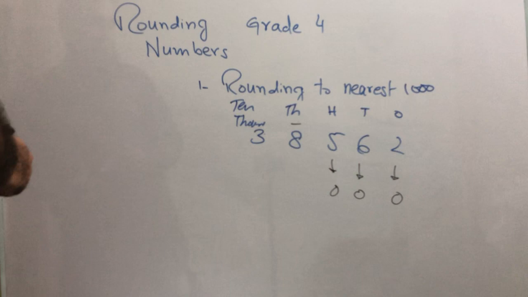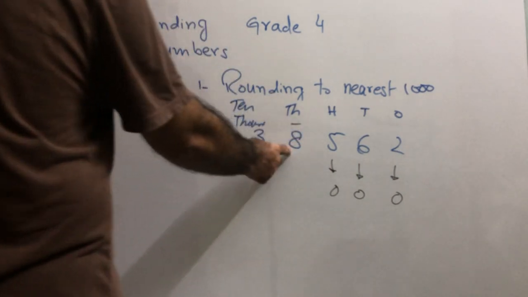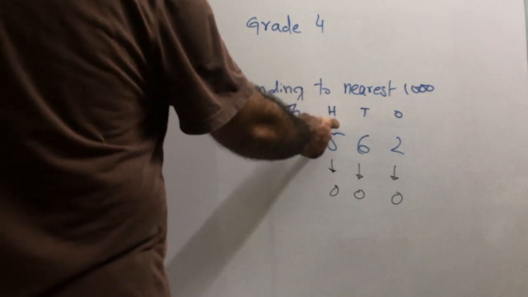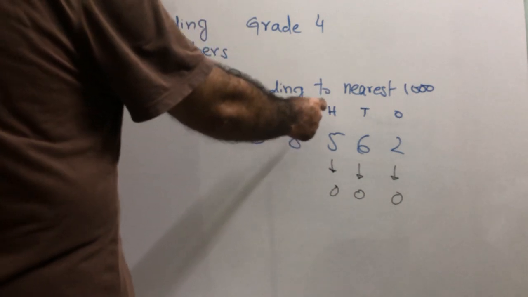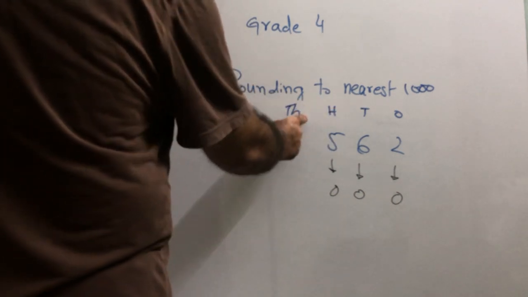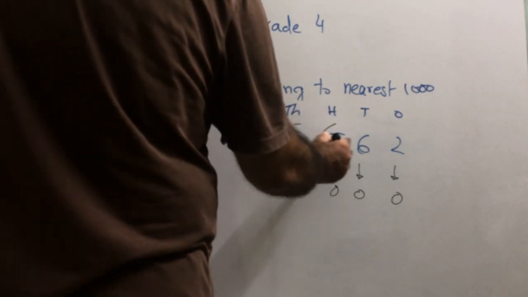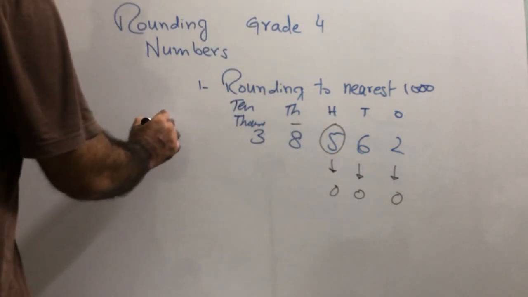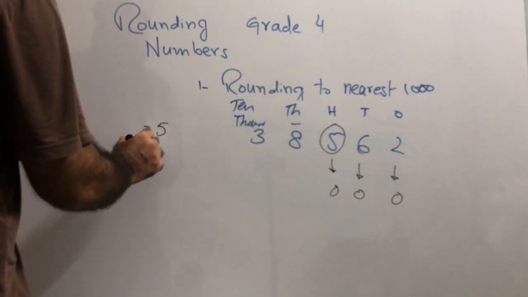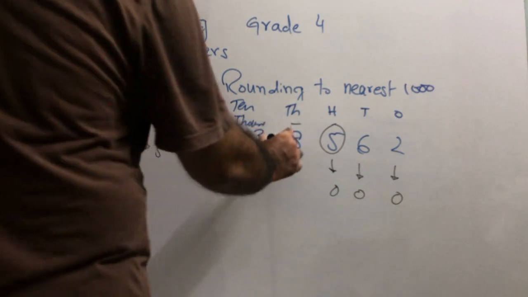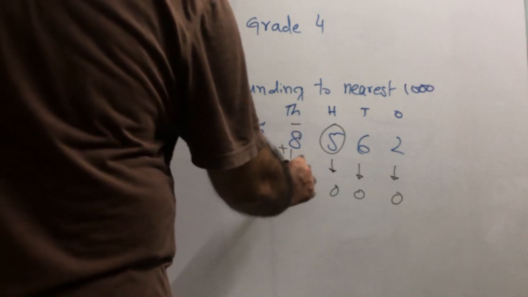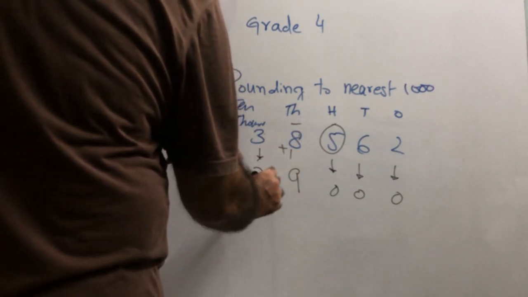The second thing is that we look at the immediate right-side neighbor of the 1000 place. This is number 5. If this number is equal to 5 or greater than 5, then we add 1 to this place. It becomes 8 plus 1, 9.